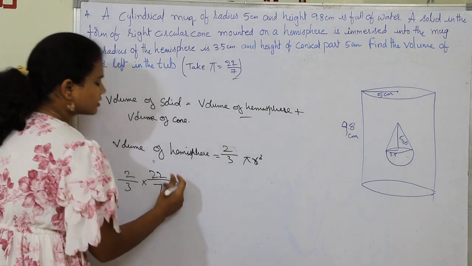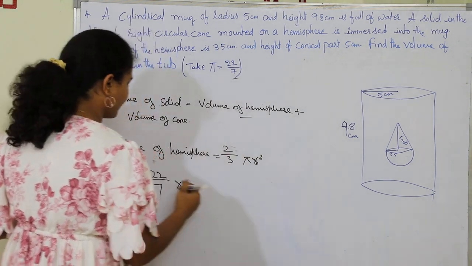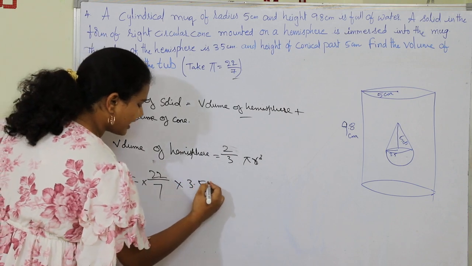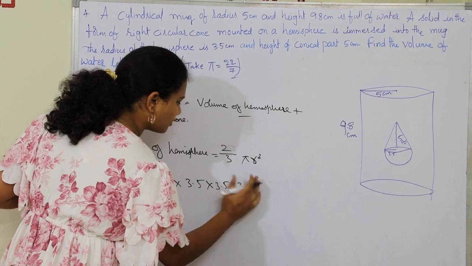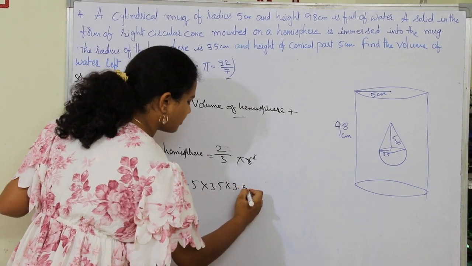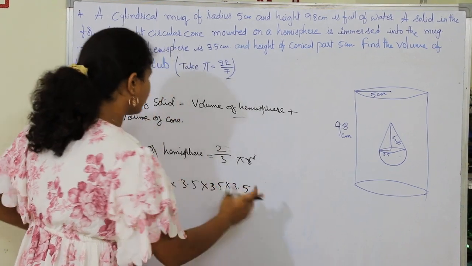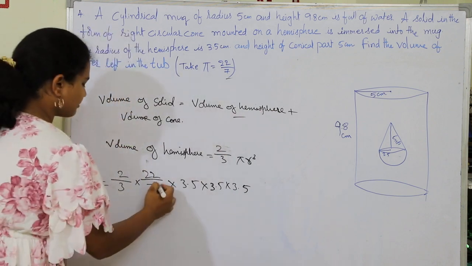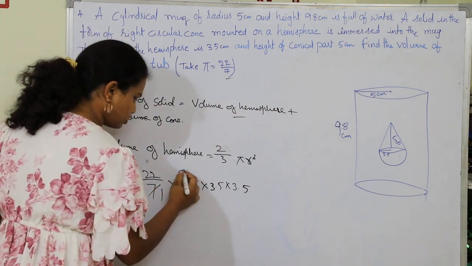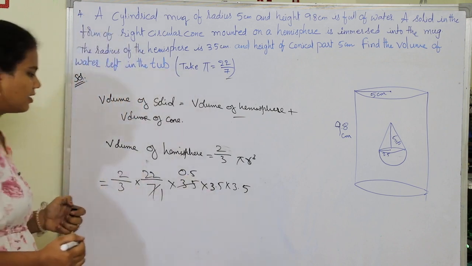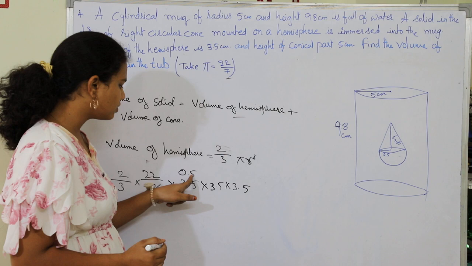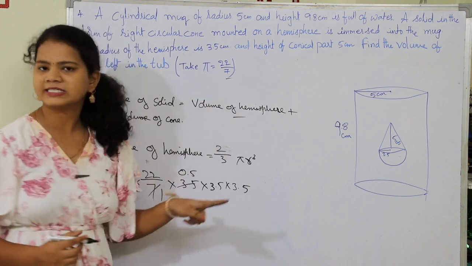R means radius. Radius over here is 3.5, right? So 3.5 into 3.5 into 3.5, where they have given cube, so 3 times. Now 7 times 5 is 35, so 0.5. If you try to substitute this, 7 into 3.5 gives 1.75.